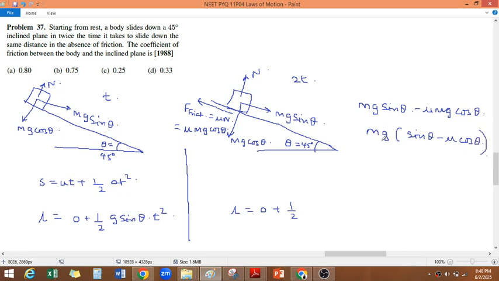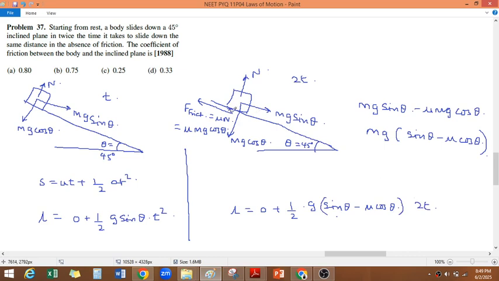So if I remove the mass, it will become acceleration. This is the force which is pulling it downwards. So in place of acceleration, I will put g into sin theta minus mu cos theta. Time is 2 times t.